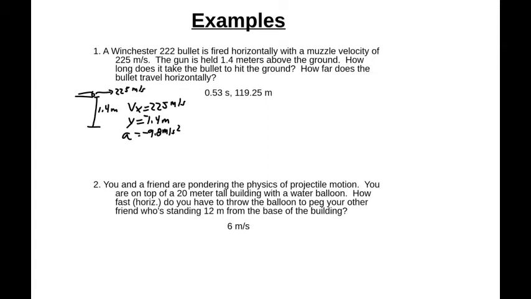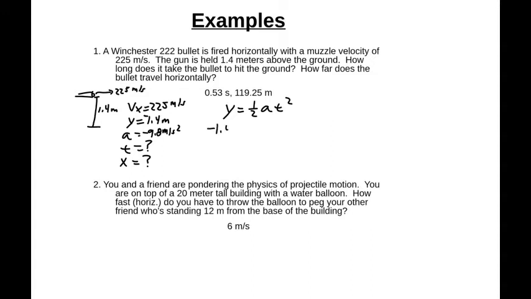How long does it take to hit the ground? So that tells me I am solving for time. And how far does the bullet travel horizontally? That would be x. So looking back at the equations, pause the video and look back if you need to. I would probably use y equals 1/2 a t squared to find the time.